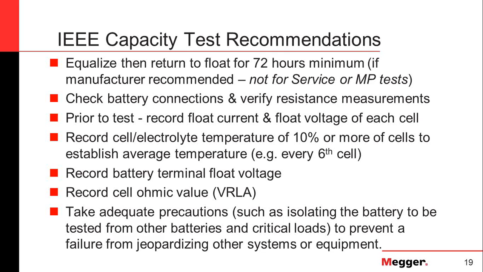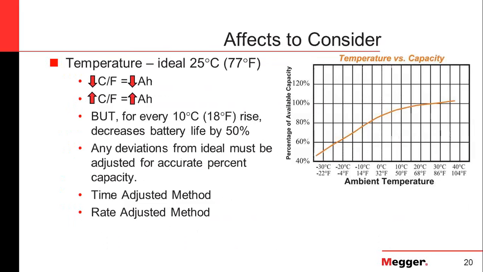Your terminal float voltage as well. When we get to VRLA, we're going to want to do the ohmic values. And I need to take any other necessary precautions, whether it's isolating the battery from load or isolating it from a parallel battery string or something of that nature, so I don't jeopardize my system or any equipment that may still be relying upon the battery.